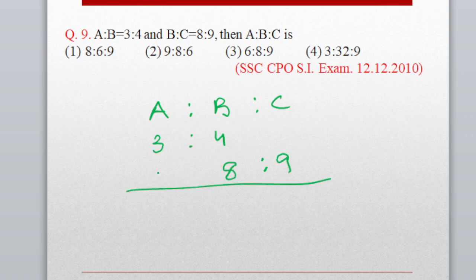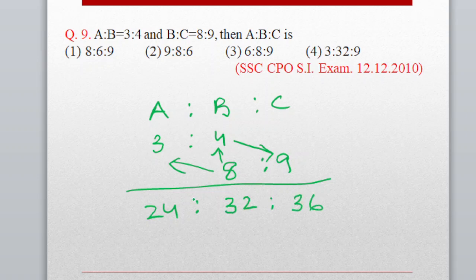According to our rule, this can be multiplied in the arrow direction and we put that number in that place. 8 into 3 is 24, 8 into 4 is 32 and 4 into 9 is 36.